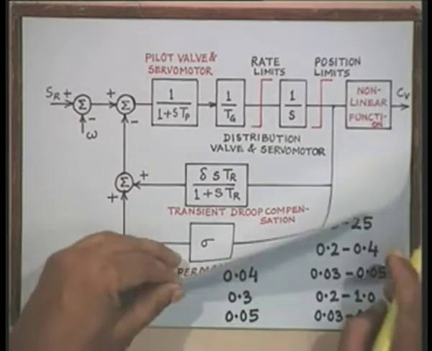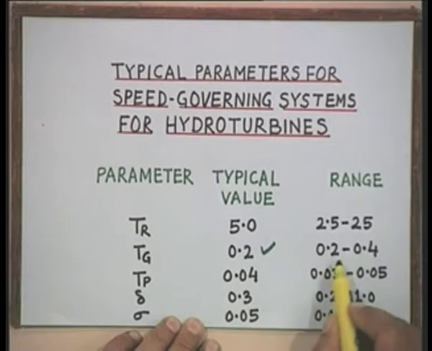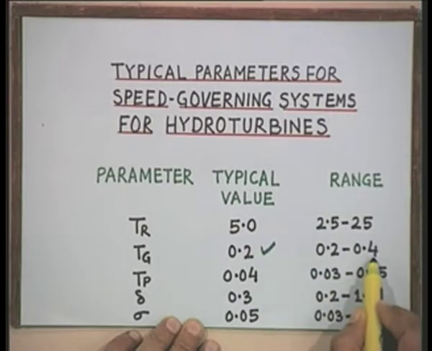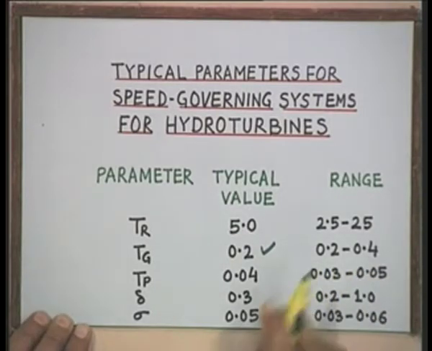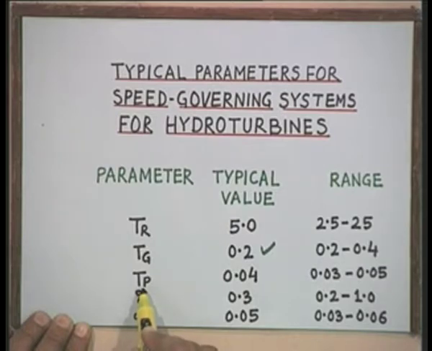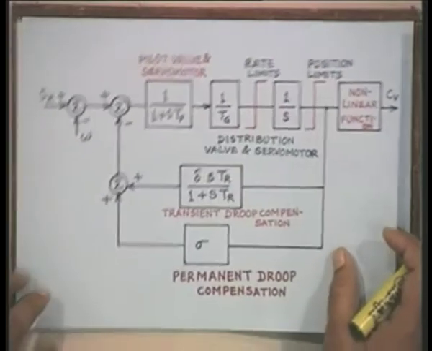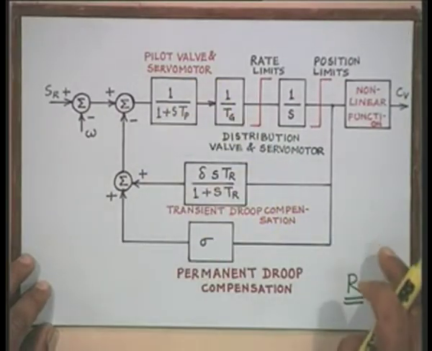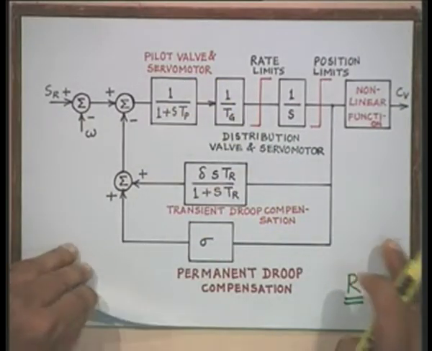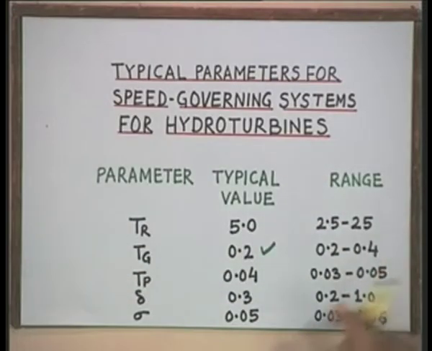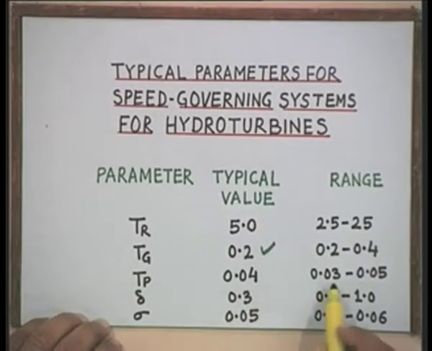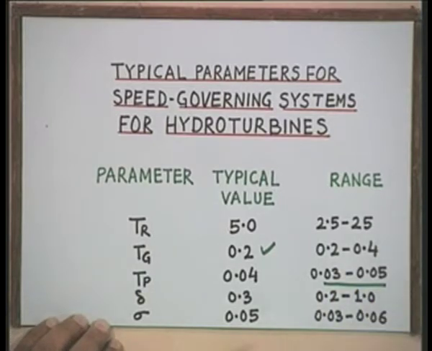This time constant is small and its value is 0.2 second and its range is 0.2 to 0.4. TP, which is the time constant of the pilot valve and servo motor, is very small, of the order of 0.04 second, and it is in the range of 0.03 to 0.05 second.